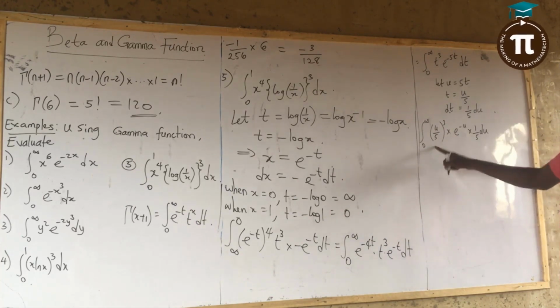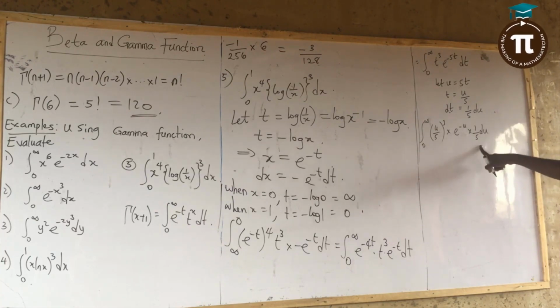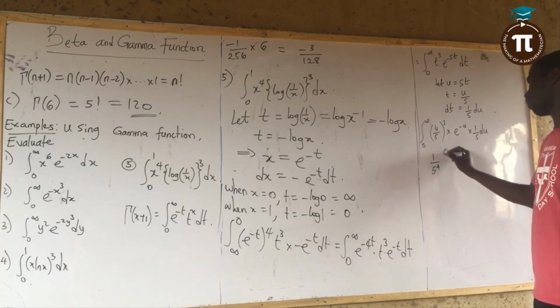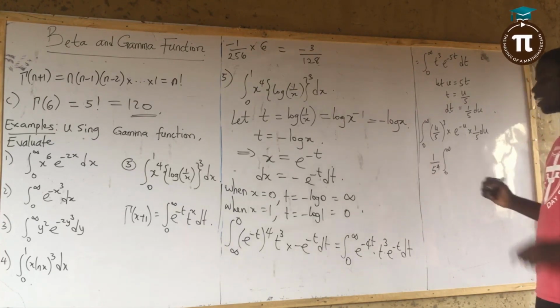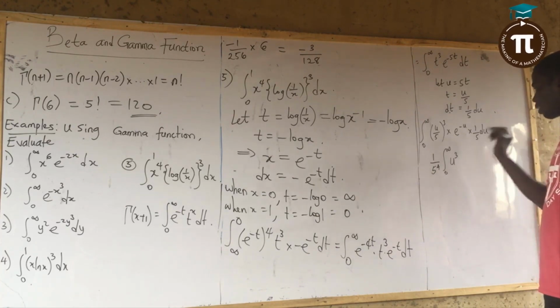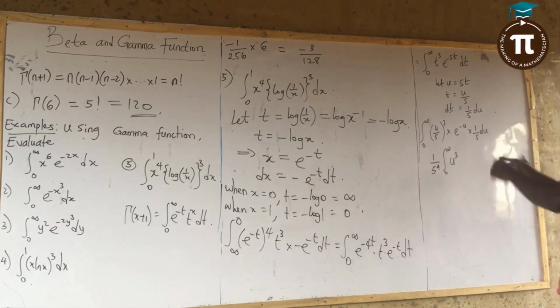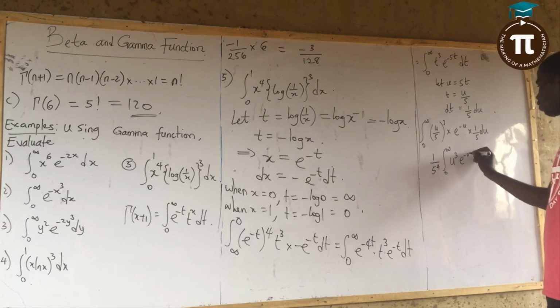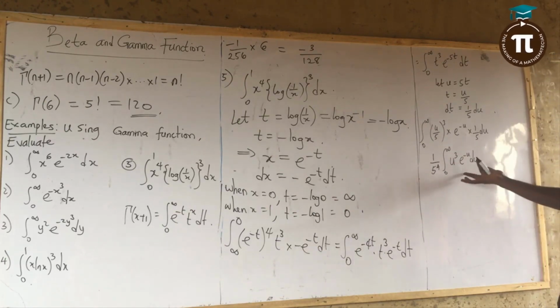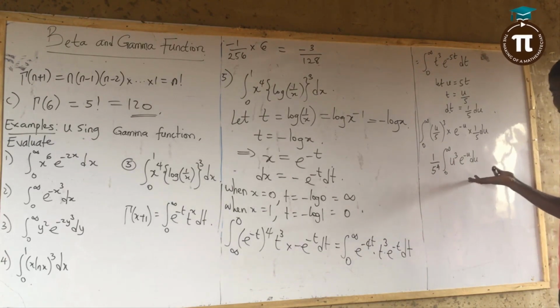This is 5 raised to power 3, so 1 over 5 raised to power 3 multiplied by 1 over 5 will give me 1 over 5 raised to power 4, times the integral from 0 to infinity of u raised to power 3 e raised to power minus u du. So at the end of the day, we eventually have a gamma function now.